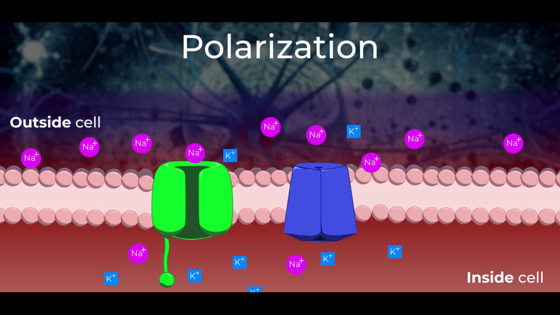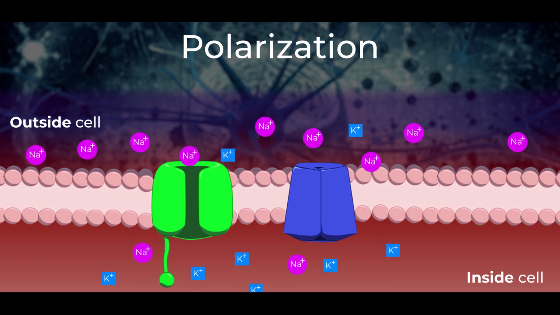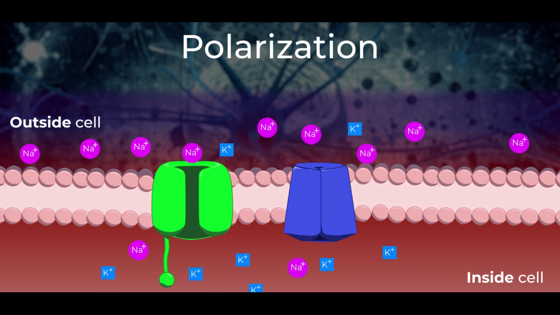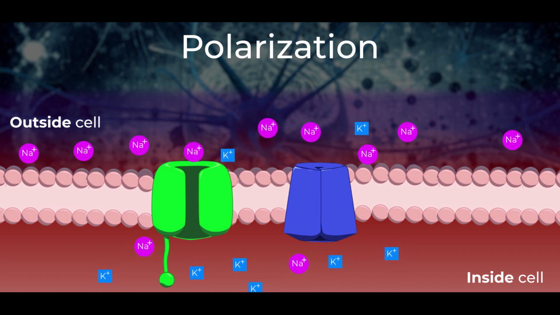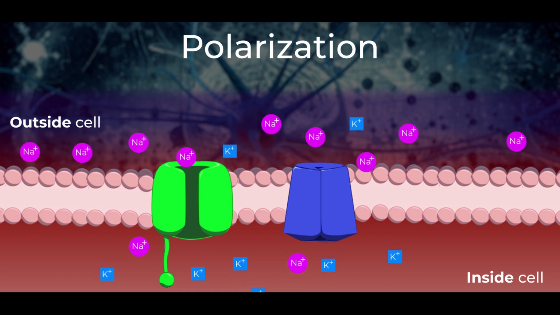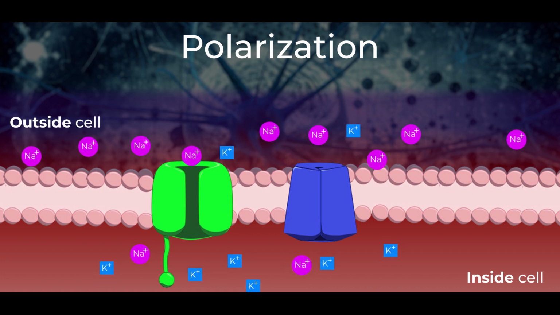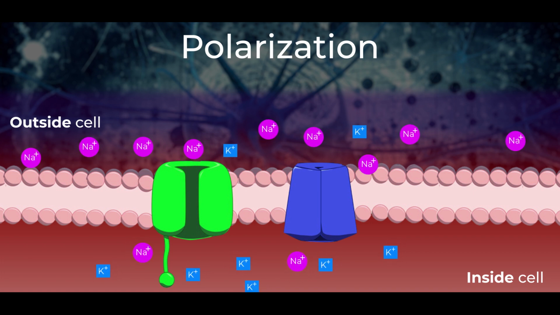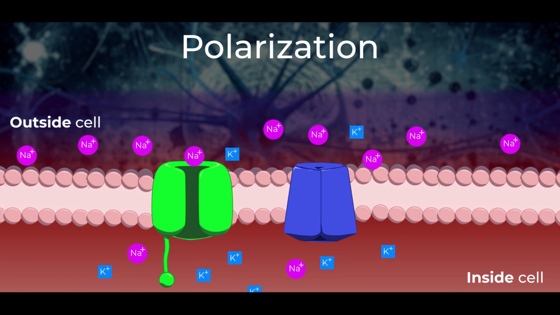This is because there is a greater amount of positively charged ions outside the cell membrane. So outside the cell membrane the polarity remains positive, and inside the axon fiber it is negatively charged.